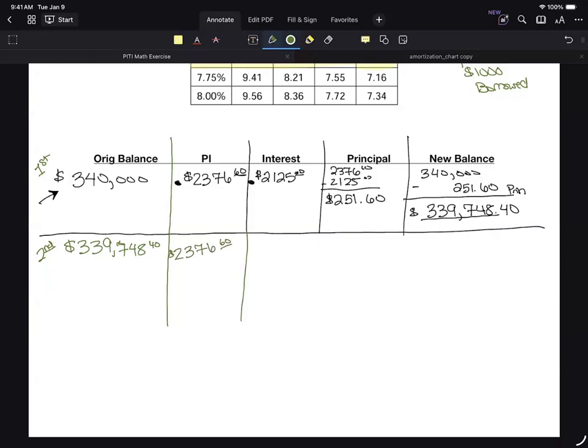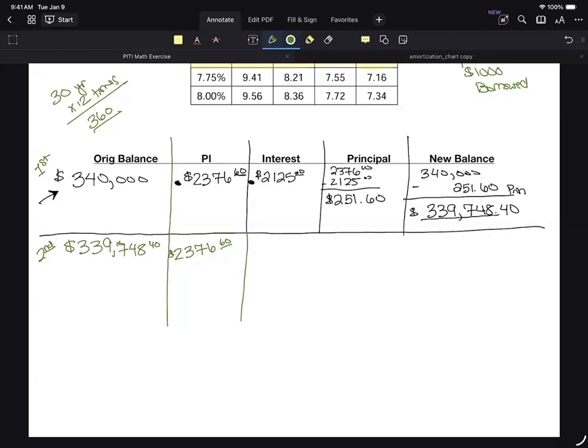You will be paying $2,376.60 all 30 years, for all 360 payments. That never changes. That's why we call it an amortized loan. If you pay this 12 times a year for 30 years, you're going to make 360 payments of that amount.